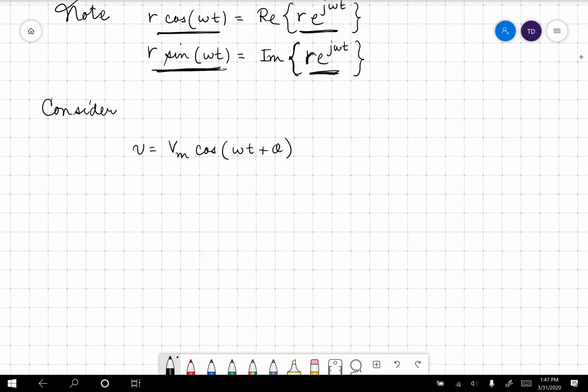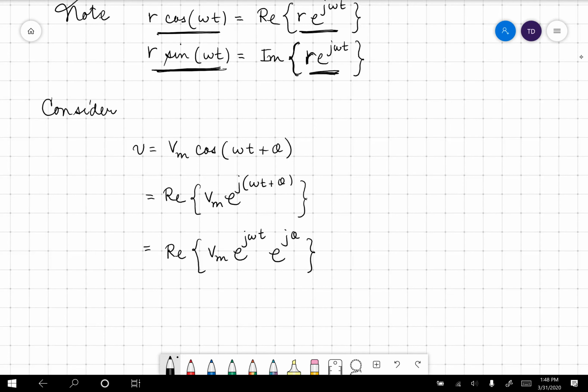Those are the kinds of voltages that we have in our circuit. Could be a voltage, it could be a current. Notice that this is the real part of V sub m e to the j omega t plus theta. It's the real part of that, which is equal to the real part of V sub m e to the j omega t e to the j theta.